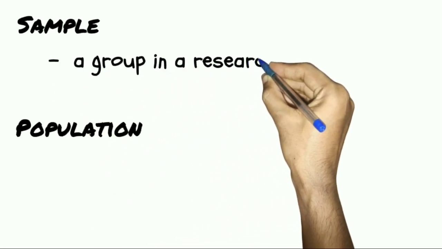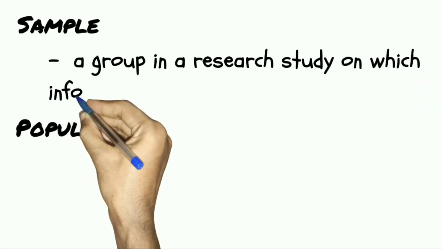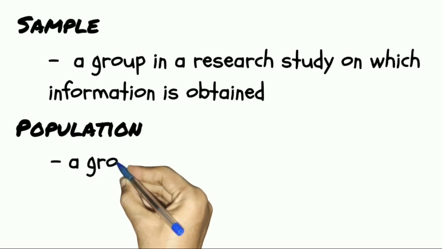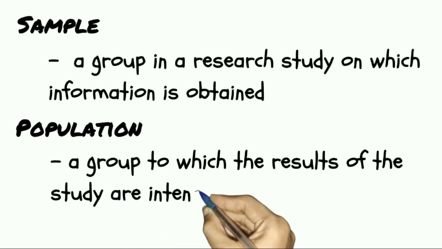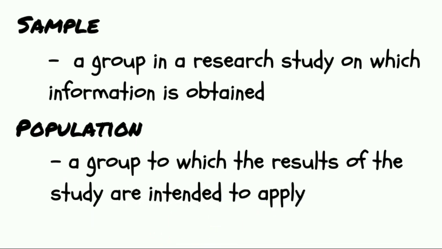When we say sample, this is a group in a research study on which information is obtained, while a population is a group to which the results of the study are intended to apply. In order to understand the difference between population and sample, let me give you an example. For example, sa BSBA 2A, merong 40 students.